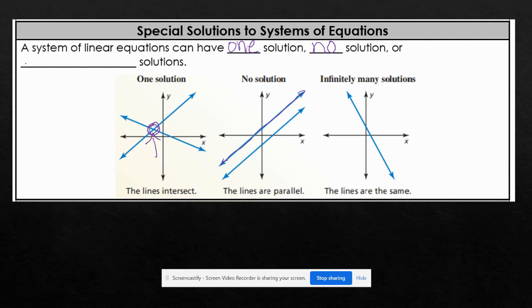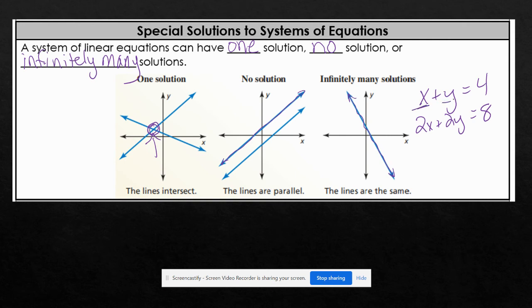And then last but not least would be infinitely many solutions. That's when we have 2 equations that when all is said and done, they're the same equations, just with different values. Like if I had x plus y is equal to 4 and 2x plus 2y is equal to 8, these 2 equations are actually the same line.